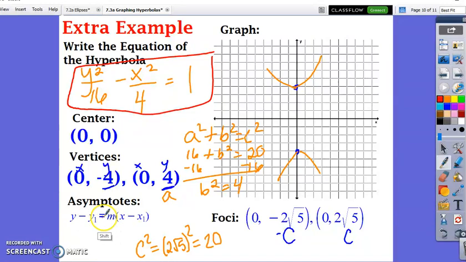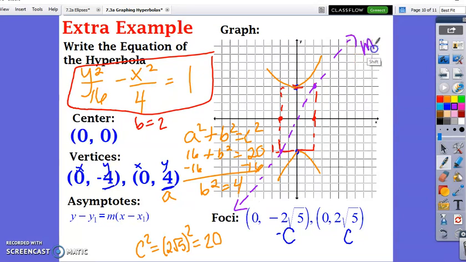If you wanted to go ahead and find the asymptotes, you would have to think about putting these 2 points on here, because your b would be 2 if under the x is 4. You'd make your box here, and your asymptotes are going to be these dashed lines from corner to corner going through the center of 0, 0.